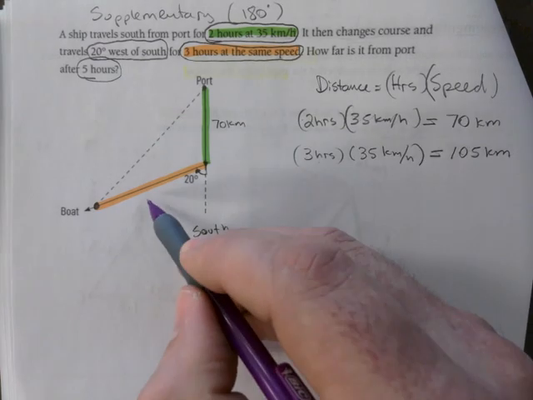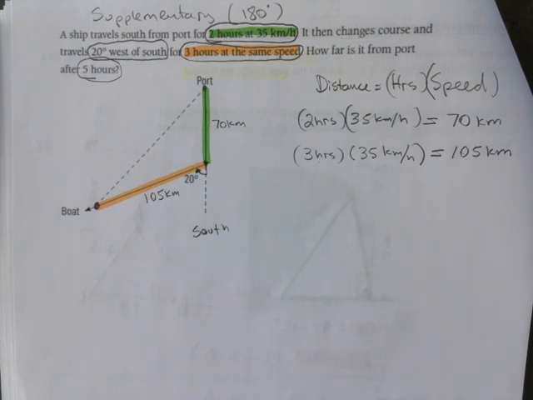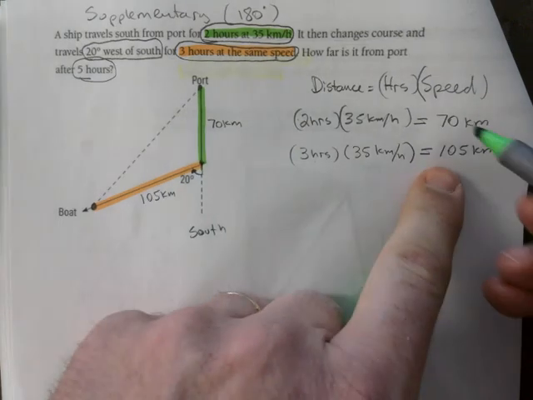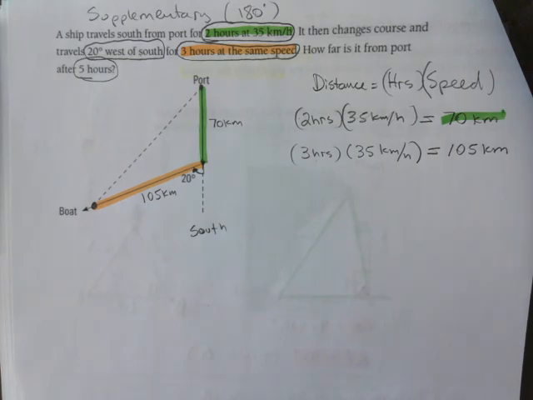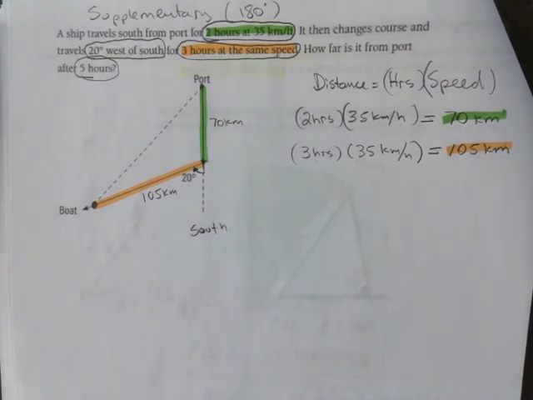Right, 105 goes here. So now we turned our time and speed into actual distances. We can now transfer that over here, right? That's where we got that from. So we have to do a little bit of work on the side there.